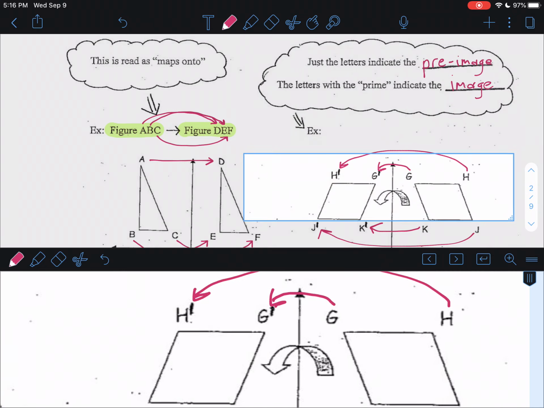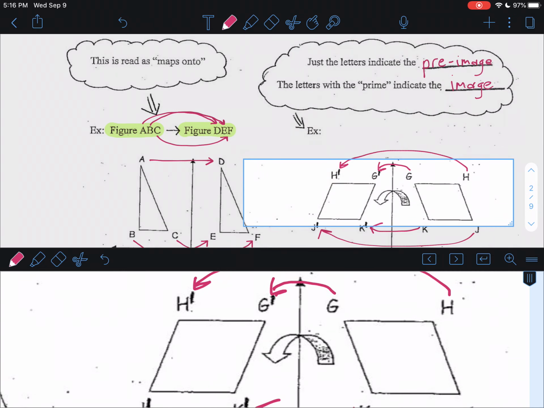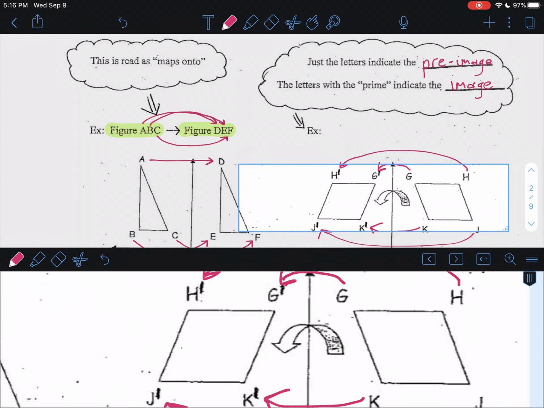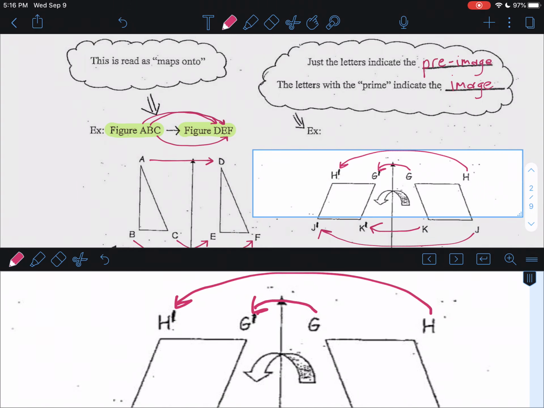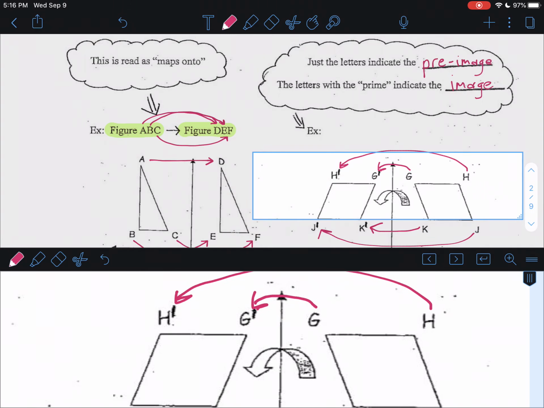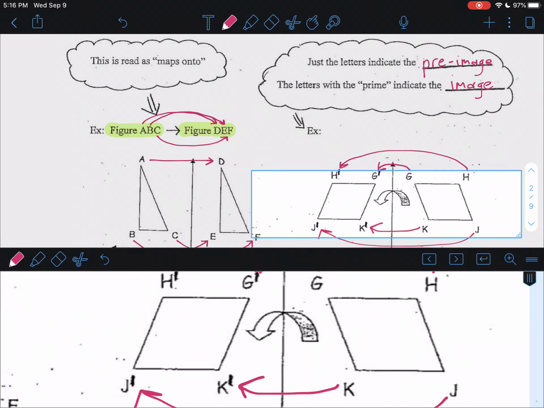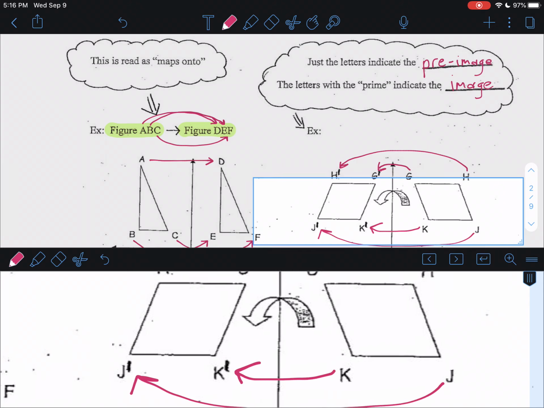That's how I knew when I was looking at this that the arrows were going from right to left instead of from left to right, because I studied math, and I know that G should go onto G prime, and H should go onto H prime, instead of H prime going to H and G prime going to G. Okay.